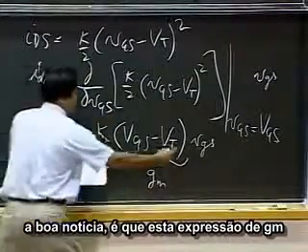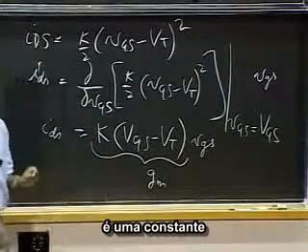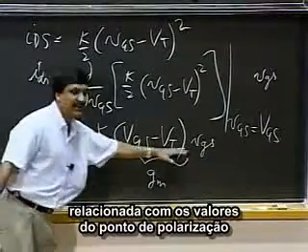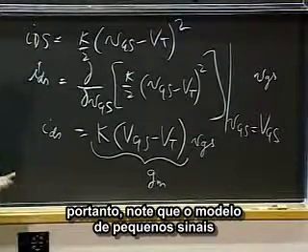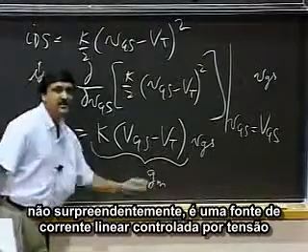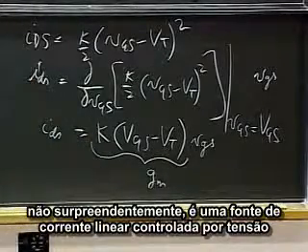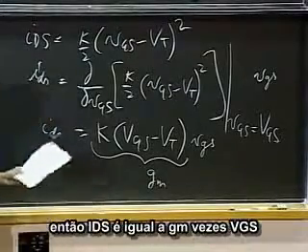The good news is that this expression here, GM, is a constant, related to the bias point values. So therefore, notice that the small signal model for the MOSFET in saturation, not surprisingly, is a linear voltage-controlled current source, according to the following expression.